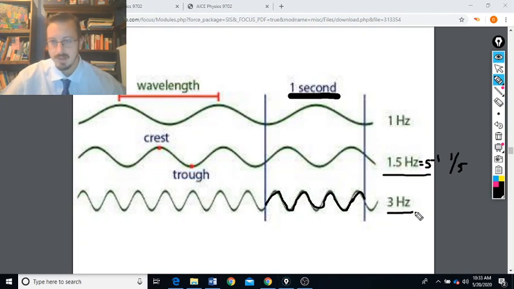I'm making a mistake here, so we go from this point to that point to that point, so that's 3 waves. We get another quarter of a wave, maybe half a wave or so. 3.5 waves per second, or 3.5 hertz. They rounded it down to 3 there. I see a little bit more than 3 waves there. You can use your own judgment and decide.